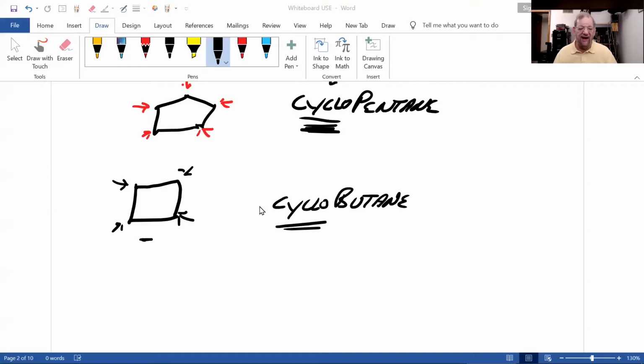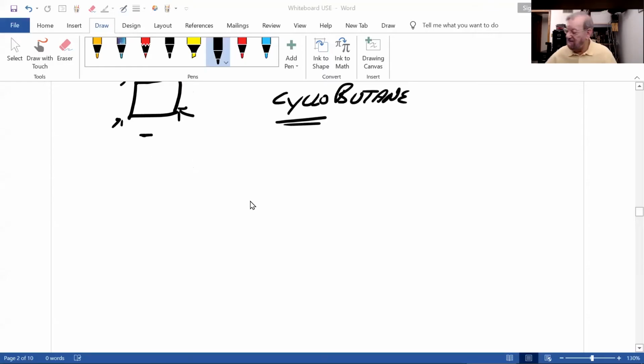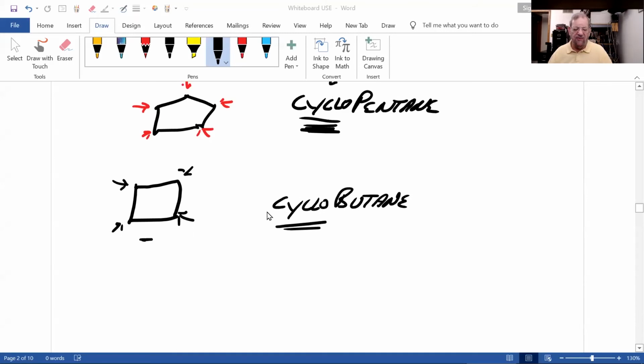All right, let's get back to nomenclature. And this is important. It's a thing you need for the foundation of organic chemistry. Now, one more ring I should mention. You call that a triangle.